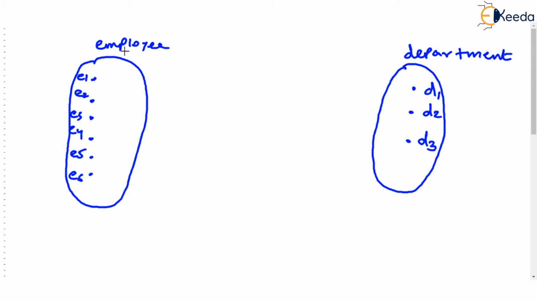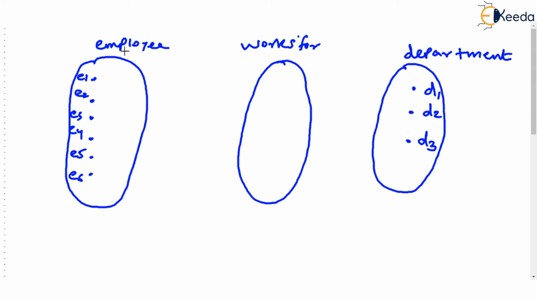Okay. Now you know that every employee works for department. Then we will show a set for works for. This is a set for relationship. And we will show independent nodes or points over here. You will know very shortly why we are showing these points.